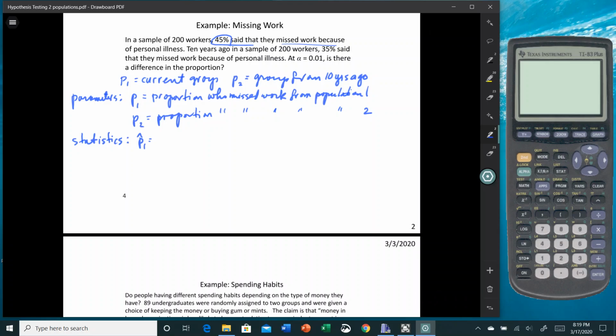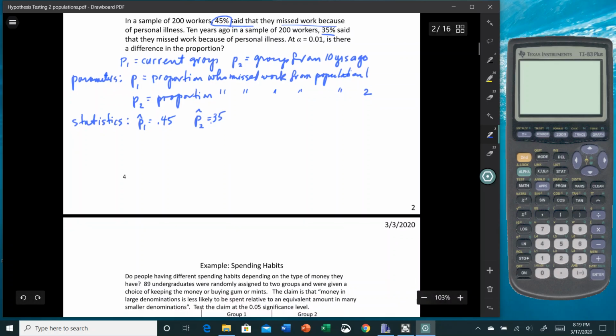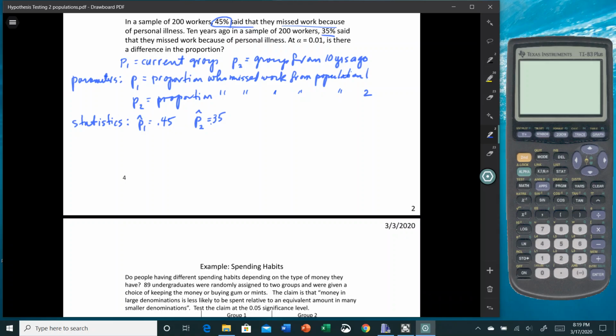So P1 hat is 0.45. And the point estimate for P2 is 35%, or 0.35. Okay? So I think we identified most things.